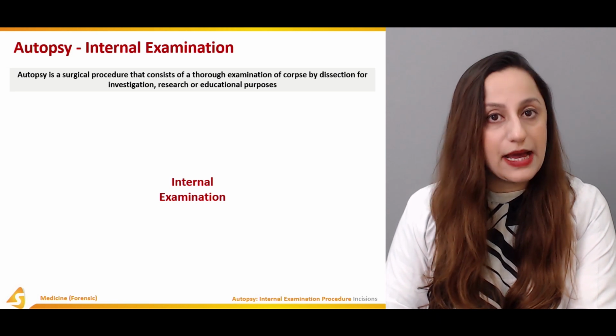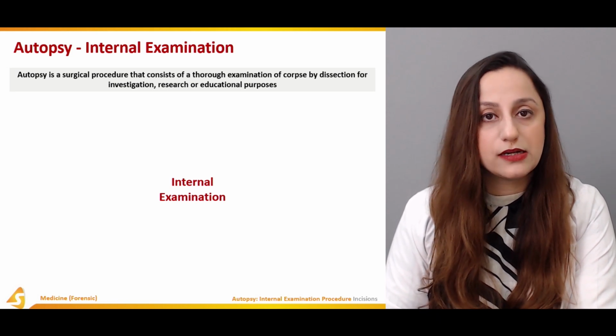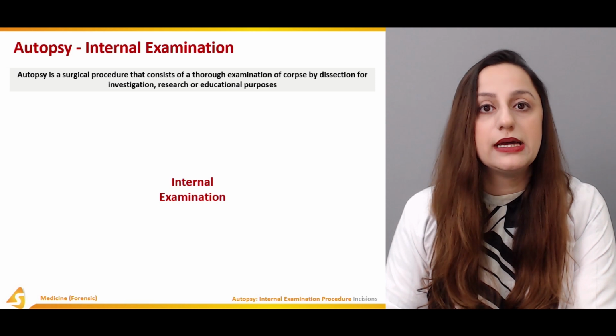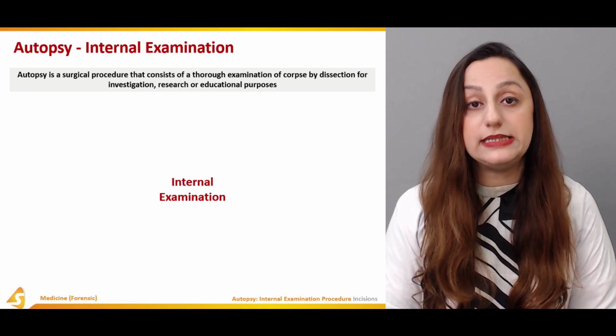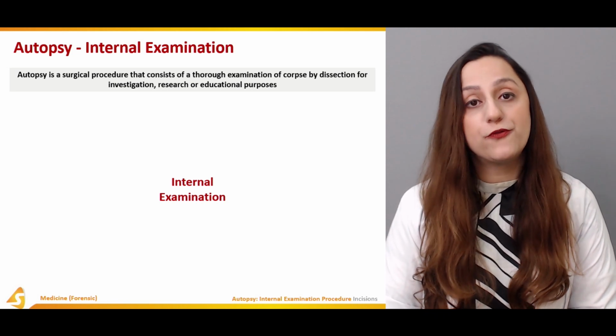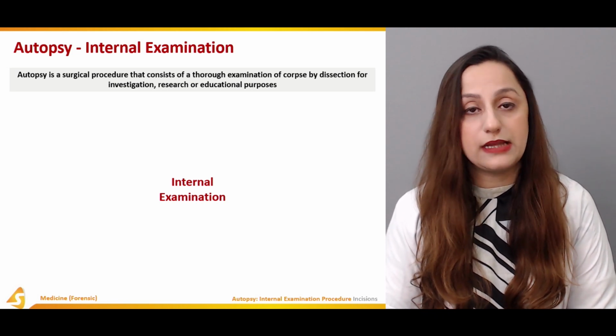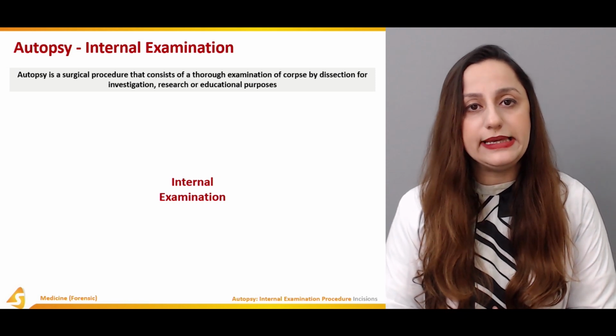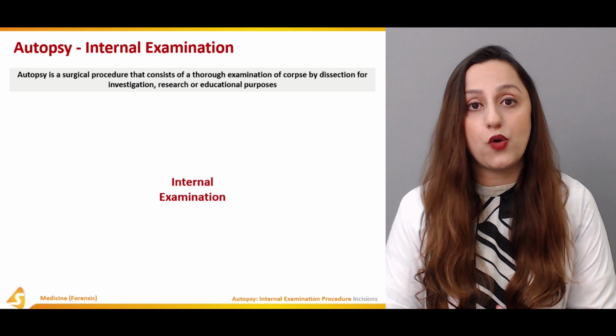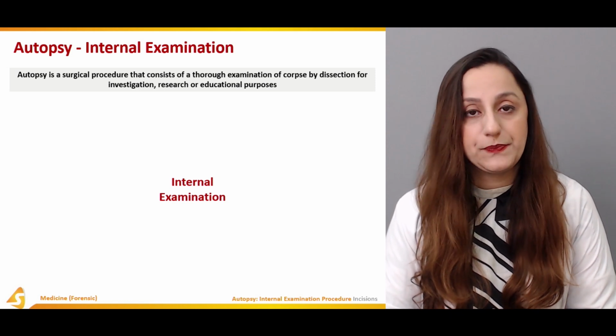Now, internal examination. We have already gone through the external examination. How do we basically externally examine a dead body in detail before opening up? Before getting our scalpels and knives in our hands, we would completely consider the external outlook of the dead body.